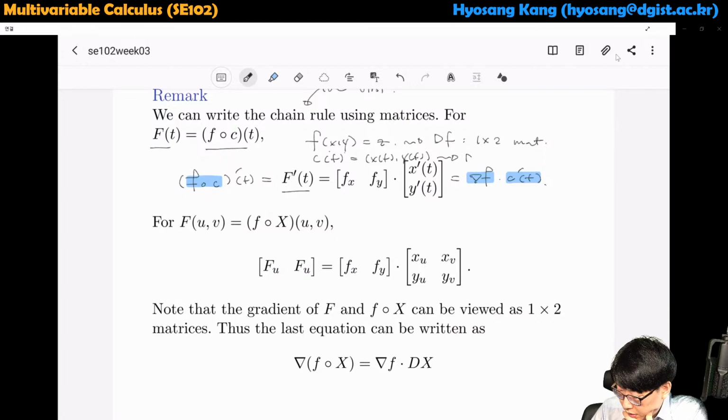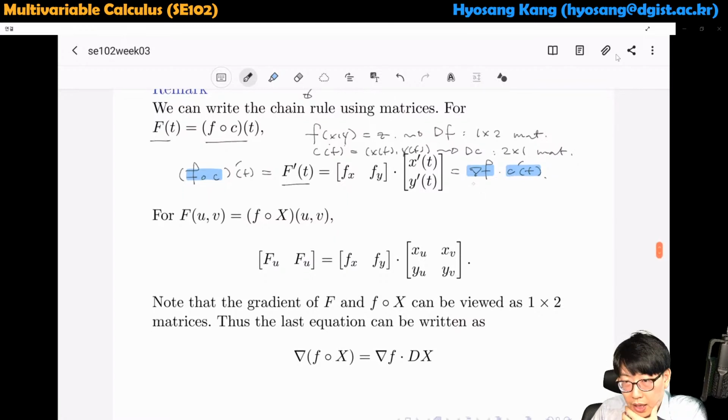So we have dc as a 2 by 1 matrix. Okay. So we can actually multiply these two matrices in a row. 1 by 2 times 2 by 1 makes sense. So this is 1 by 2, and this is 2 by 1. So these two cancel out, and the result is a 1 by 1 matrix, which just becomes a scalar. Same thing as the derivative of the single variable function large F.